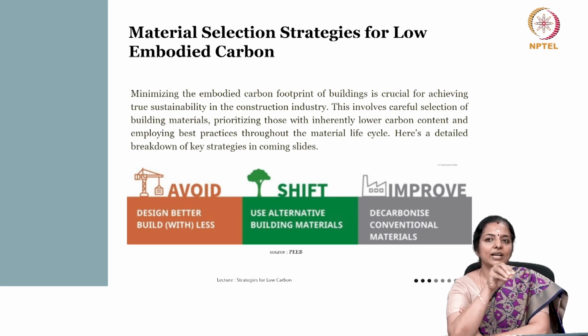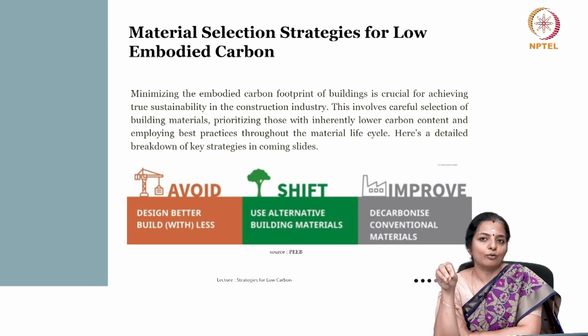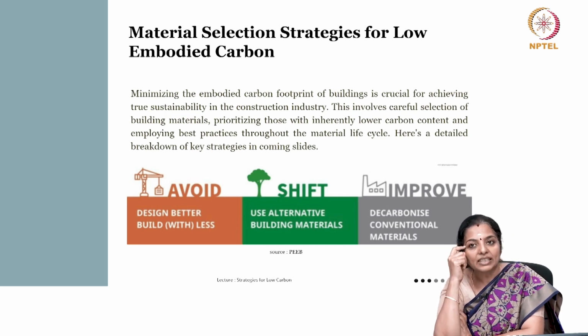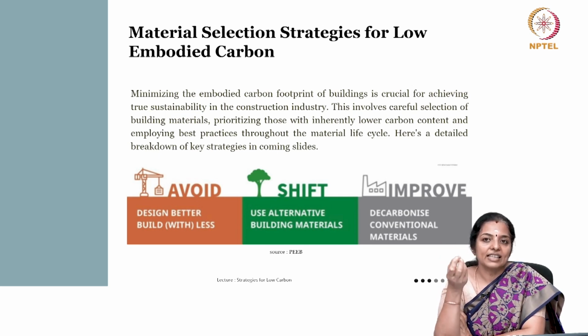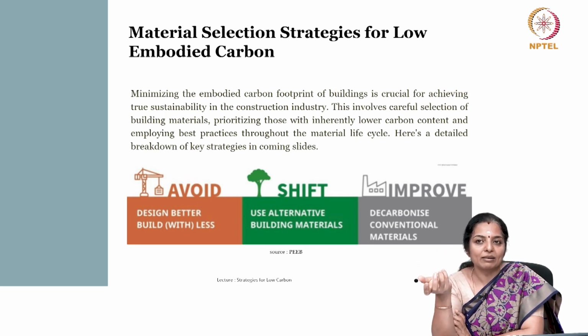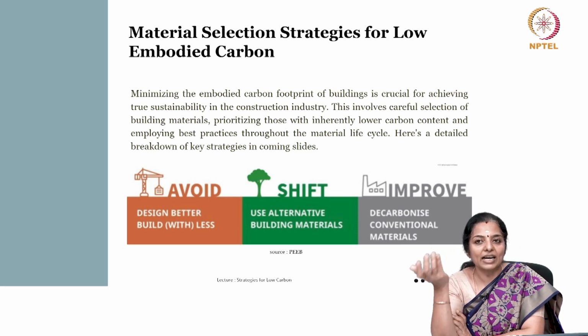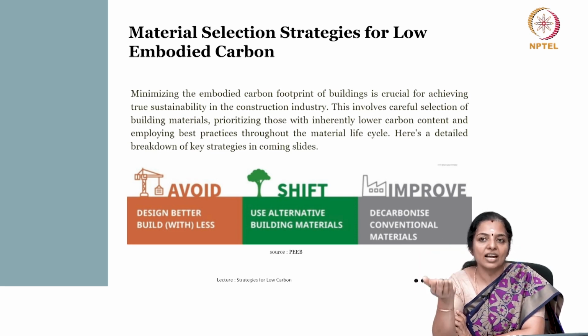Now, let us look at a small breakdown of key strategies in the forthcoming slides. We have already seen that reinforced concrete frame structures are used in constructing a building, while for claddings and openings we use glass and aluminum. These are our conventional material choices.